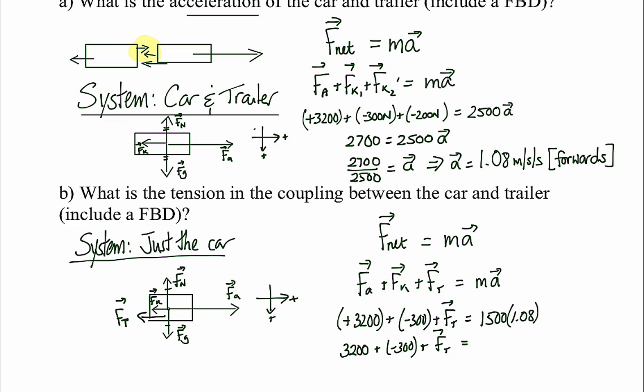So what does that come to? Just got to calculate that. So we have 1500 multiplied by 1.08, that's 1620.